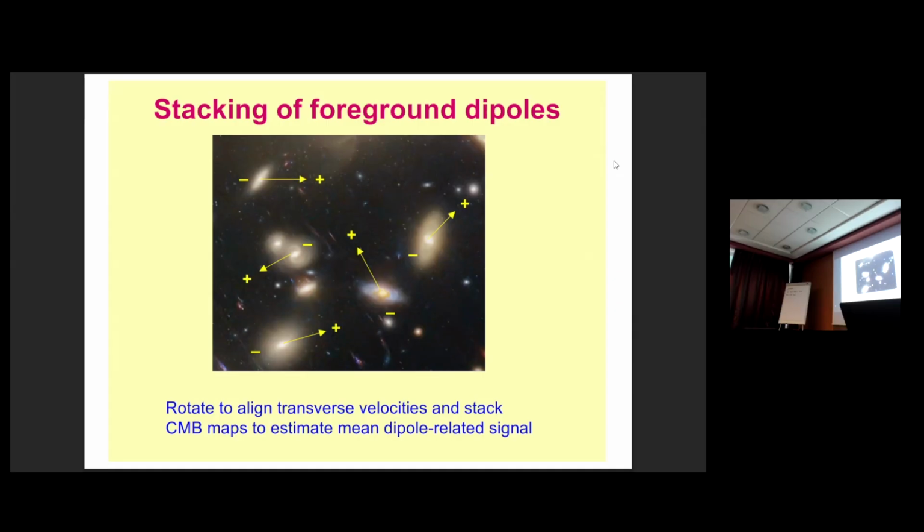How do we extract that signal? Well, it's very easy. We just have to line up the peculiar velocities. So you extract a postage stamp of the CMB, either the CMB lensing or the CMB temperature around that vector, and then you do the same over here, and then you rotate the map so the velocity vectors are aligned. And then you should be able to pull out the dipole.